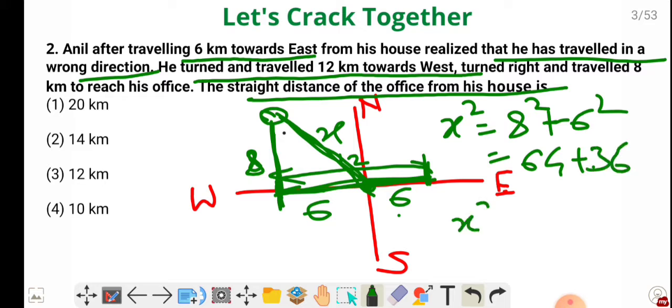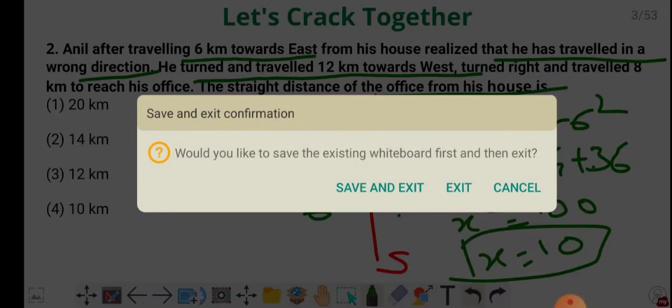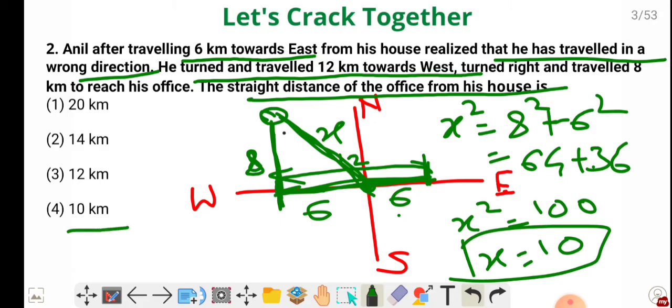So x square will be 100. So x is 10. So the final answer is 10 kilometers. Just use this formula. These are very simple direction based questions. We have to just use east, west, south, north directions and put them in the form of a structure. So option 4 is correct here.